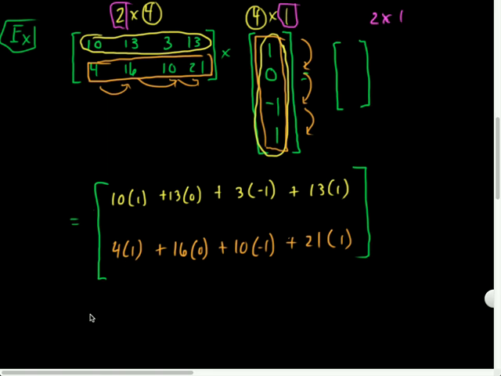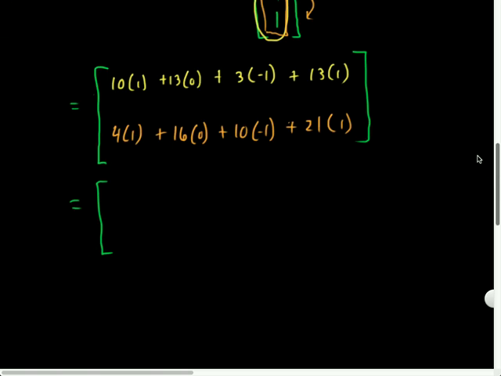So let's figure out what this is. I might do this in portions again just for ease. 10 times 1 is 10 plus 0, I love that, minus 3 plus 13. The next one would be 4 times 1 is 4 plus 16 times 0 is 0, minus 10 plus 21.